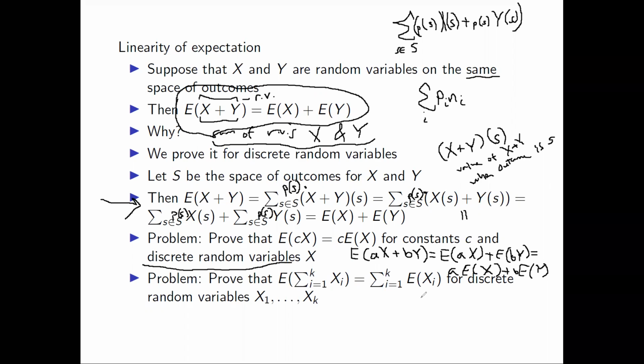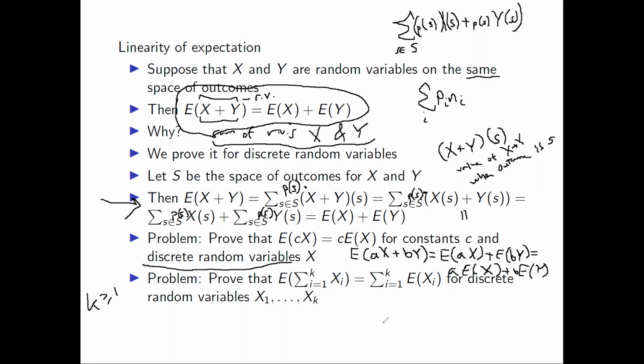And down here, I want you to prove the generalization of this for any k. You can assume that k is greater than or equal to 1. So we already know it's true for k equals 1 and 2. Prove that the expectation of the sum i equals 1 to k of xi is equal to the sum i equals 1 to k of the expectations of the xi's.